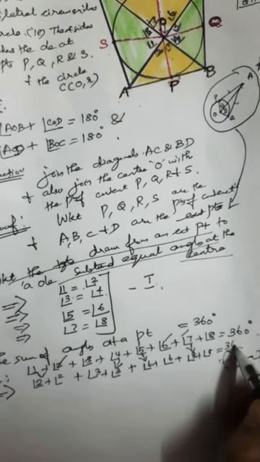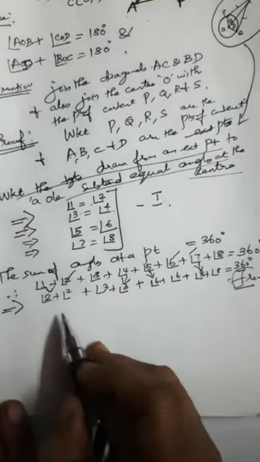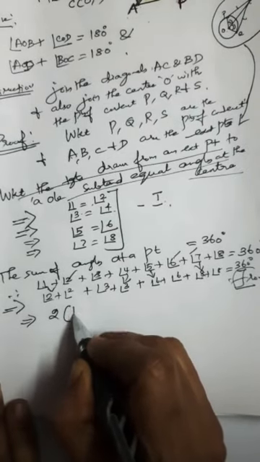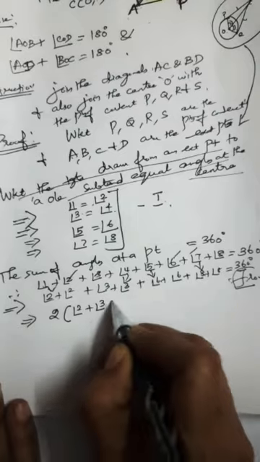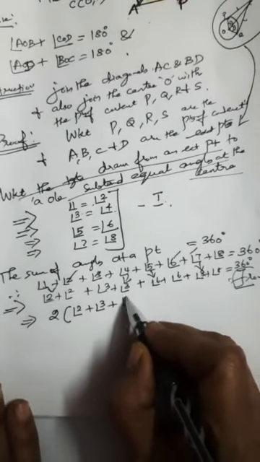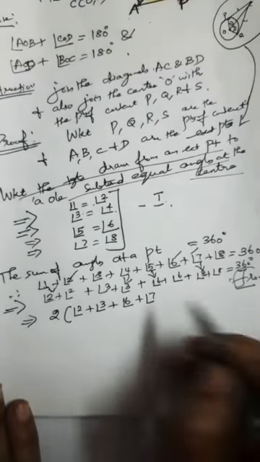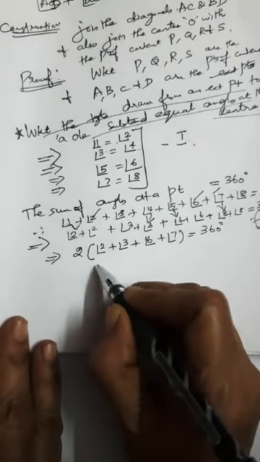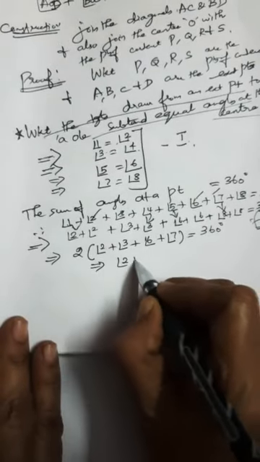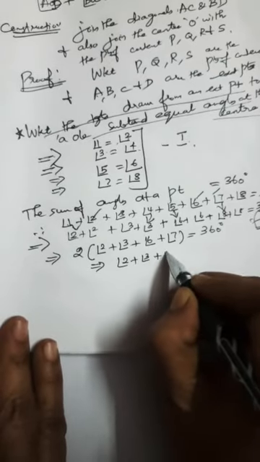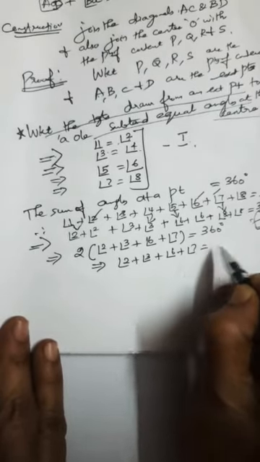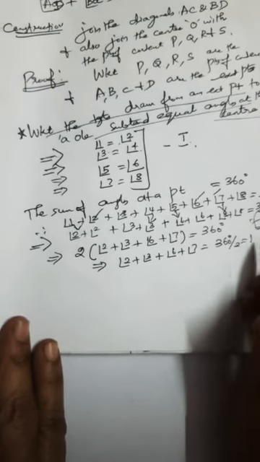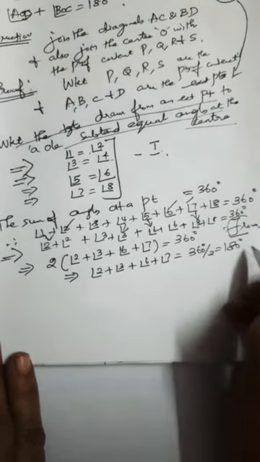So that together is 360 degrees. That implies 2 times angle 2 plus 2 times angle 3 plus 2 times angle 6 plus 2 times angle 7 equals 360 degrees. So angle 2 plus angle 3 plus angle 6 plus angle 7 equals 360 degrees divided by 2, which is 180 degrees.